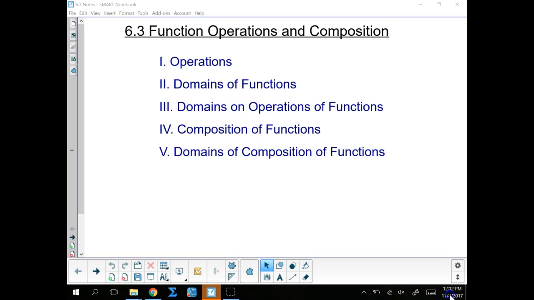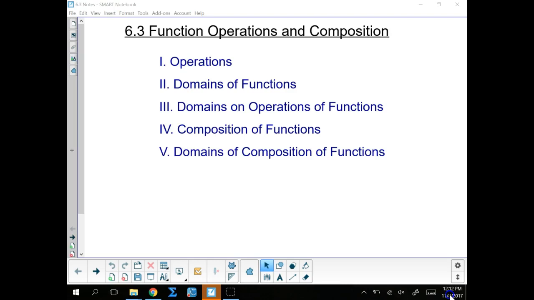So, section 6.3 is where we'll start. We're going to do 6.3 and 6.4. There are 5 things that I want to accomplish in section 6.3. We got to talk about operations. We got to talk about domains.